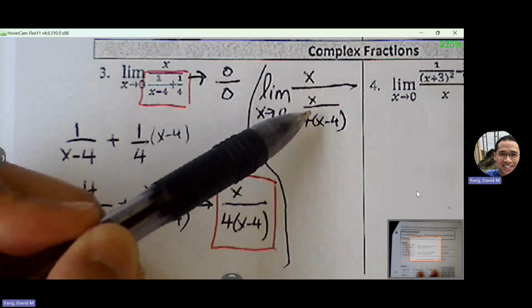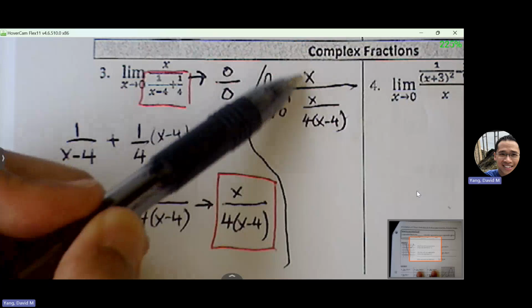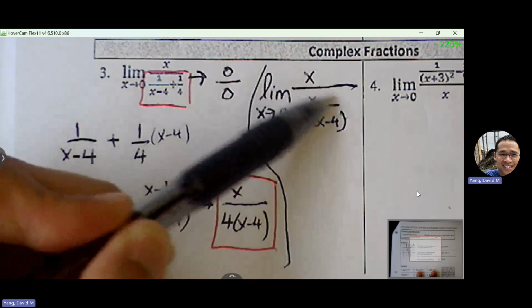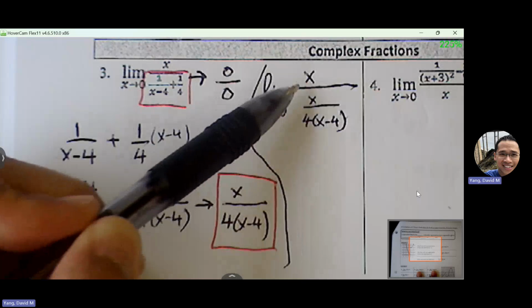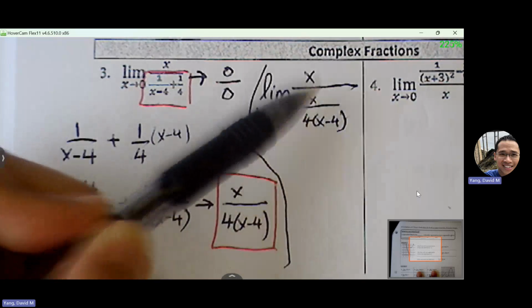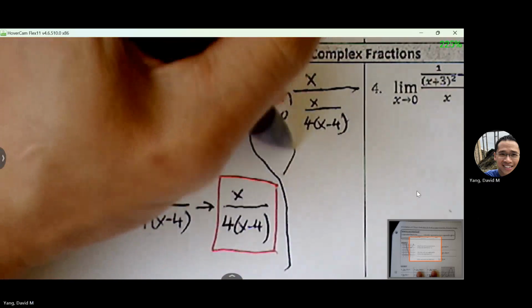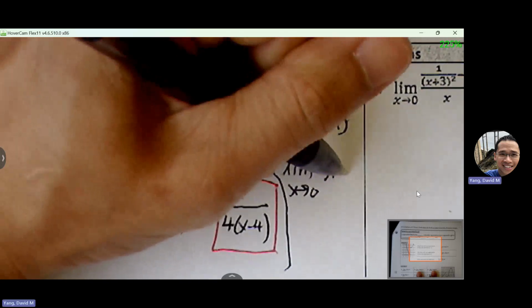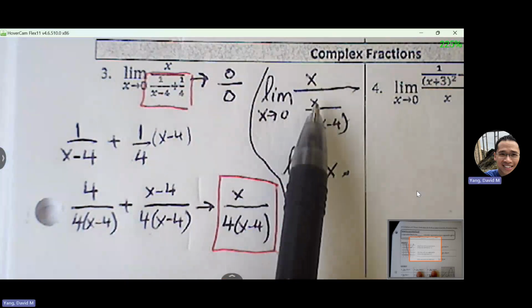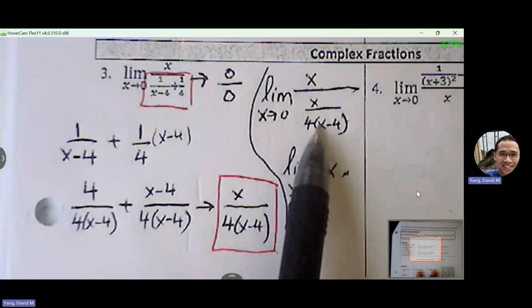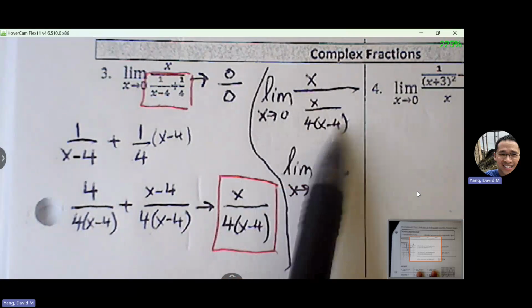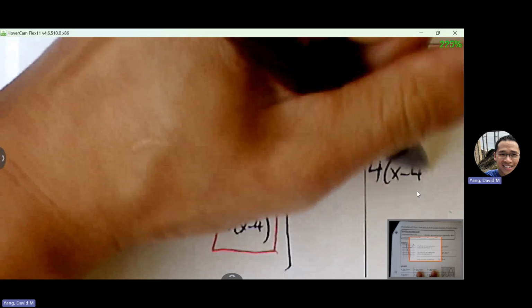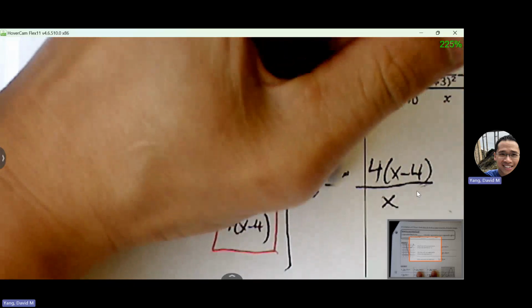I can just bring this up to the numerator and just have it at the same stage and see what cancels out. So dividing by this is the same thing as multiplying by the reciprocal. So x times, I'm going to divide by this, which is the same thing as multiplying by the reciprocal of that fraction. So it's going to be 4 times x minus 4 all over x.